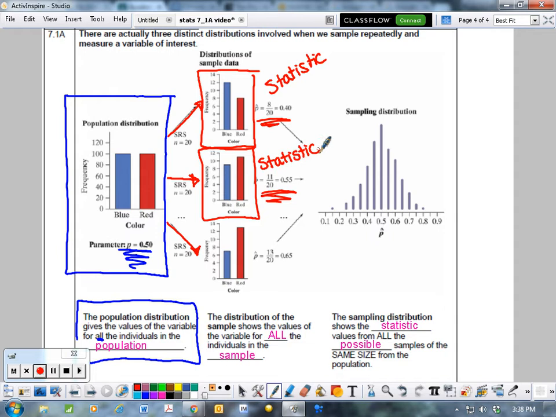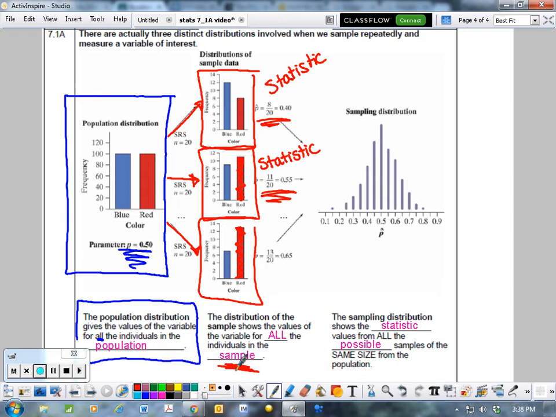And my statistic is only looking at our reds here. So 11 out of the 20 were red. And 13 out of 20 were red. And so these are all my different samples. And so the distribution of the sample shows the values of the variable for all the individuals in the sample.